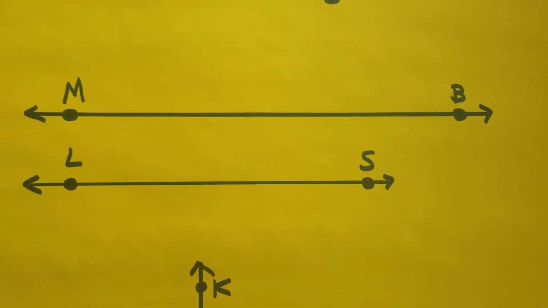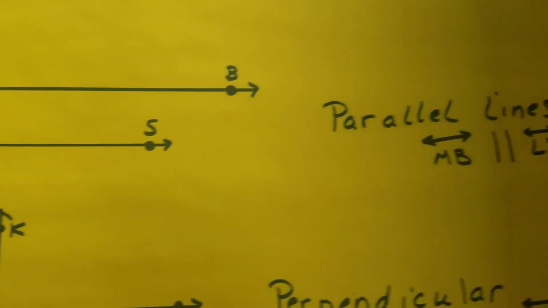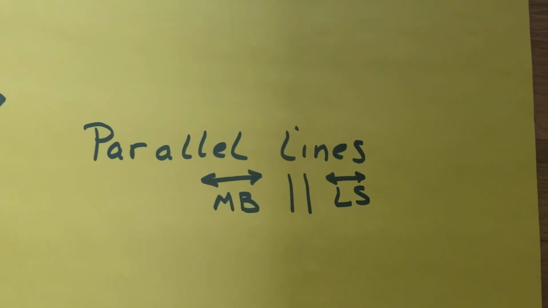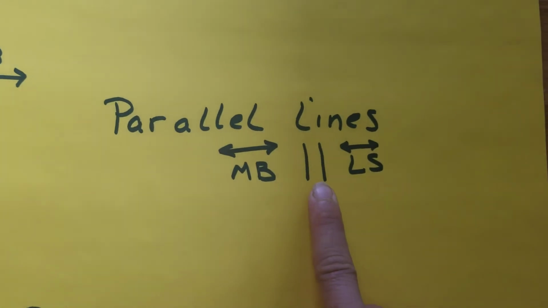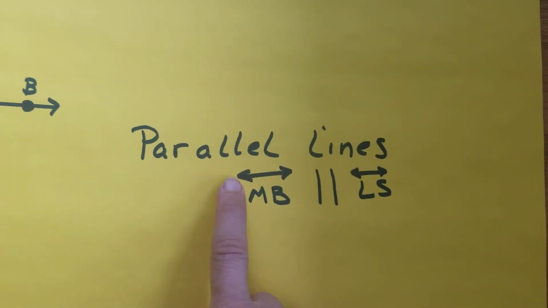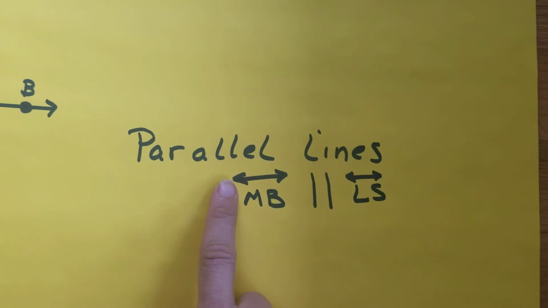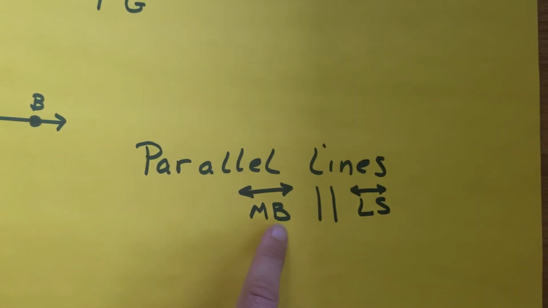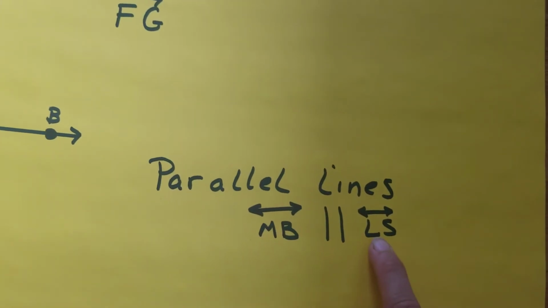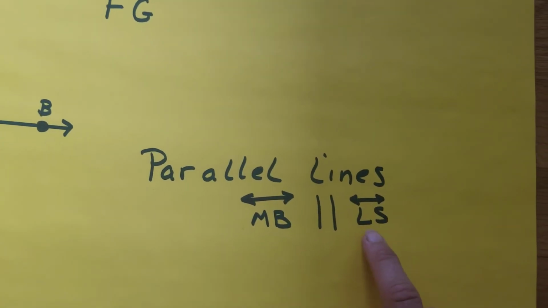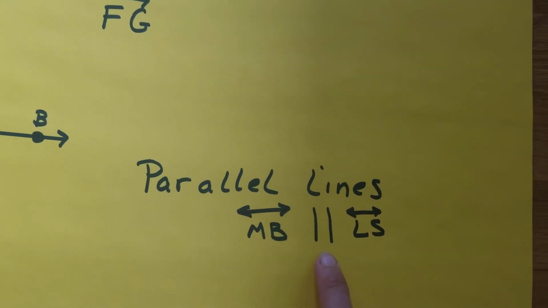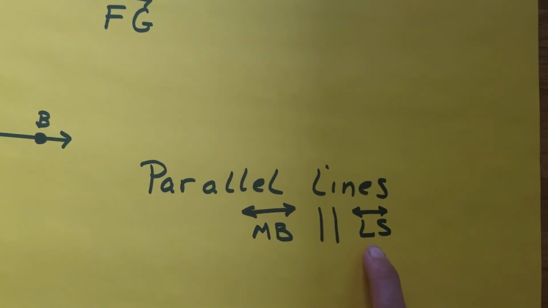Now, if I wanted to write that, I would write it like this: MB is parallel to LS. And also notice how I wrote my lines, that this is a line. I'm trying to tell you that MB is a line that's going to go in both ways, and that LS is a line that's going to continue in both ways. So I wrote line MB is parallel to line LS.